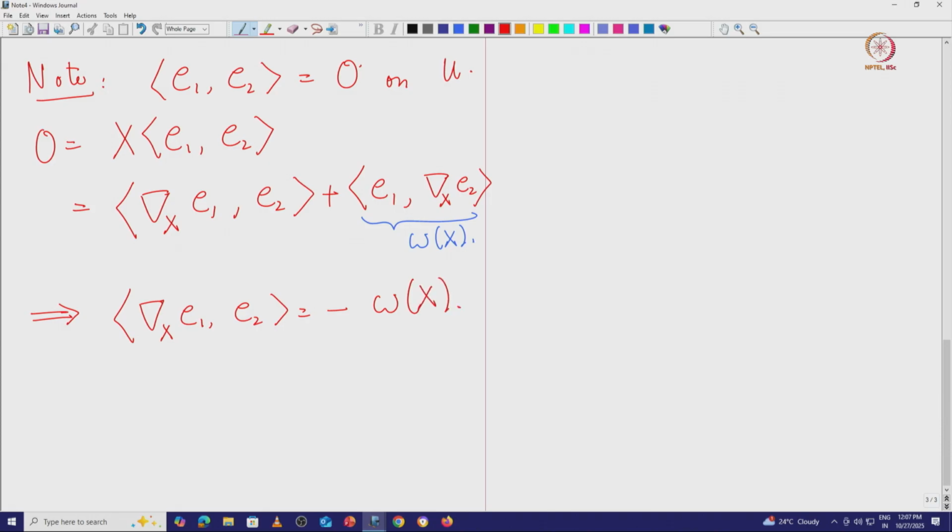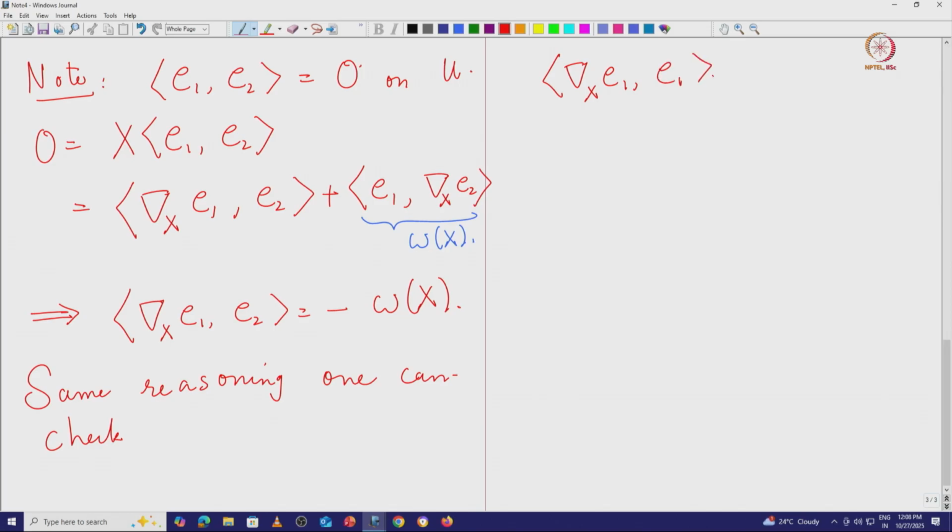But then by the same sort of reasoning one can check that if you take the covariant derivative of E1 with respect to x and take the inner product with E1 itself, that is going to be 0. How do you check this?